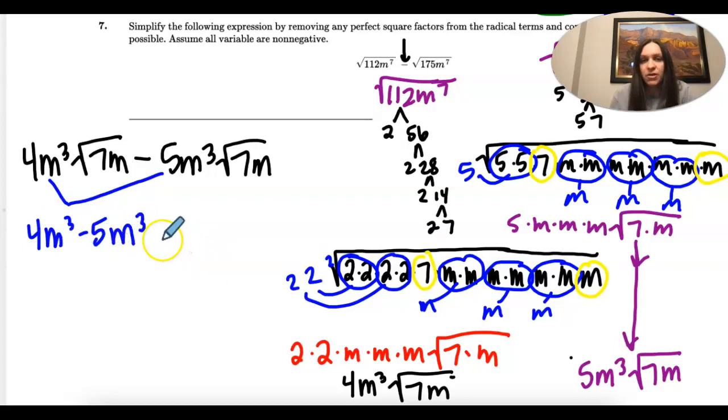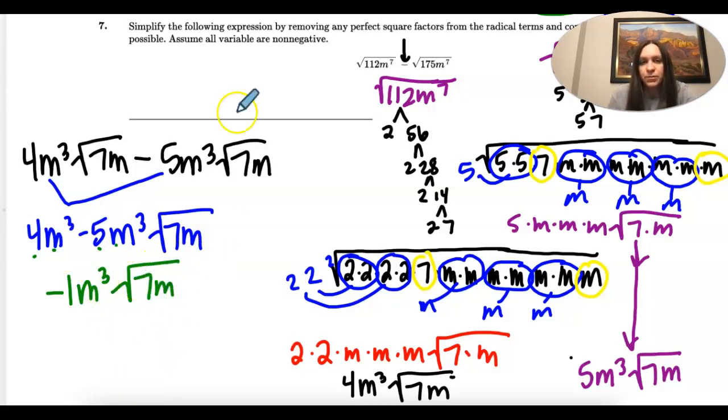I take what's out front, and then the 7m is the like term, and that just stays under a radical. So 4 minus 5 is -1, and then the m to the third stays m to the third, and then square root of 7m.